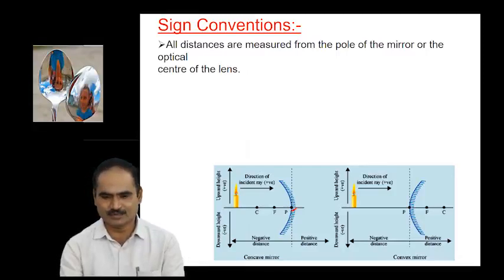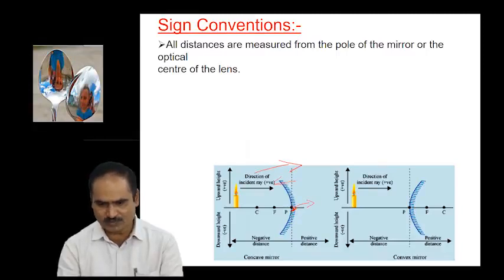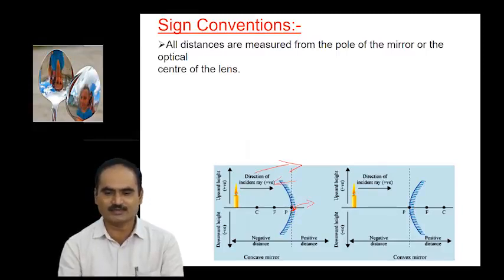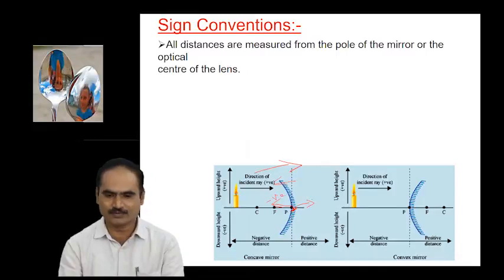So distances measured in this direction should be taken as positive. The distances measured opposite to the direction of incident ray, means in this direction, should be taken as negative. So one thing please remember, measurements from this pole in this direction should be taken as negative, and this should be taken as positive, right.